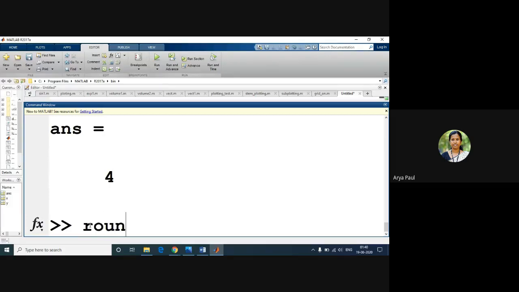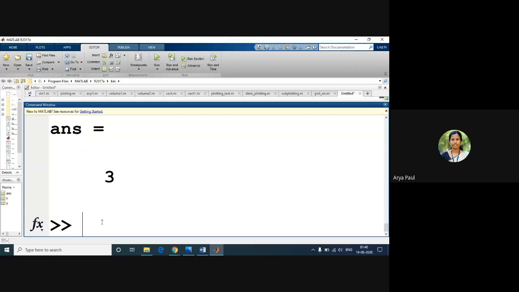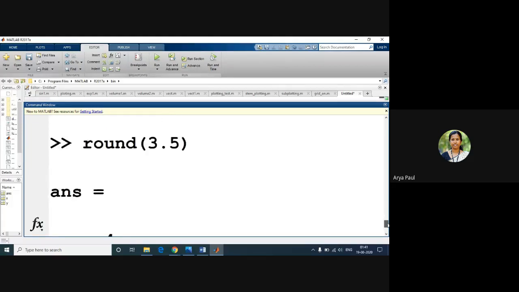Next, another rounding. Round 3.2 means the normal rounding that we are using. Round of 3.2, the answer will be 3. Now rounding 3.5: round of 3.5 will be 4.